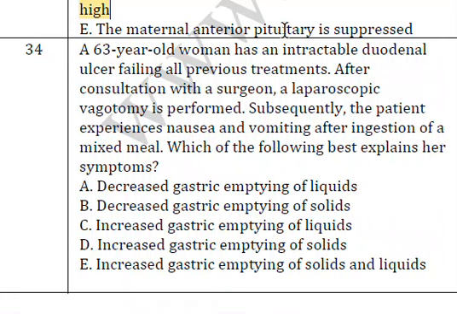A. Decreased gastric emptying of liquids. B. Decreased gastric emptying of solids. C. Increased gastric emptying of liquids. D. Increased gastric emptying of solids. E. Increased gastric emptying of solids and liquids. And the answer is D. Decreased gastric emptying of solids.